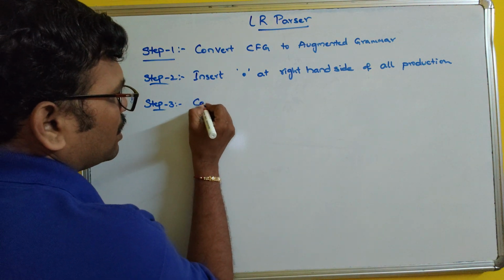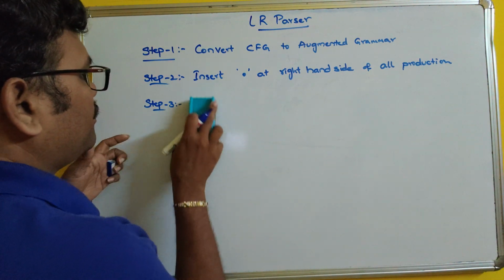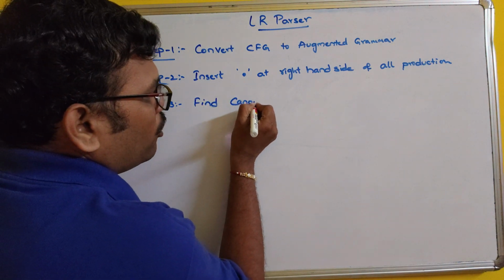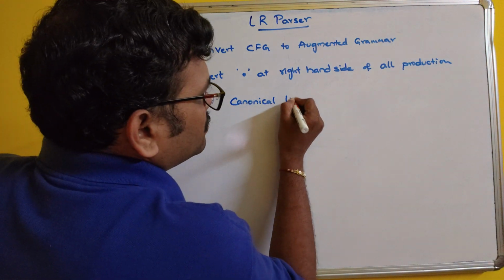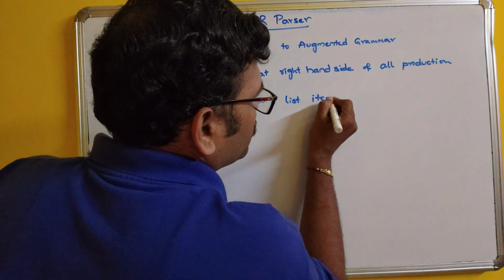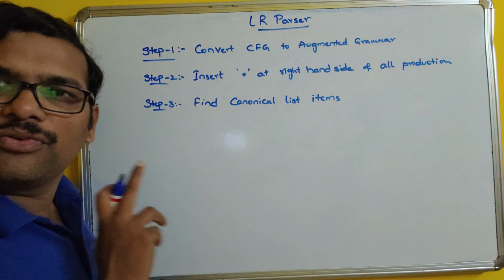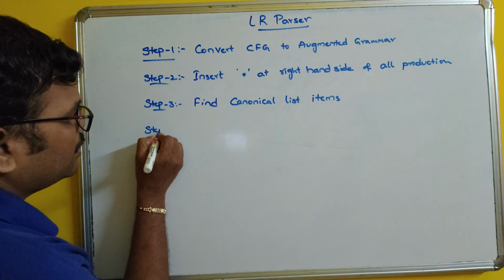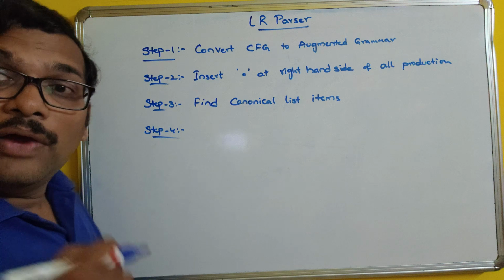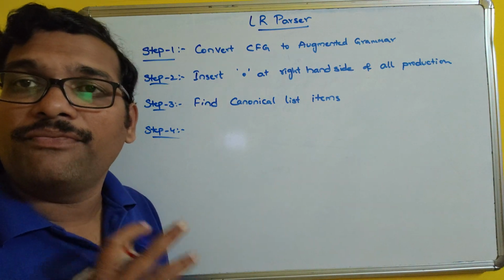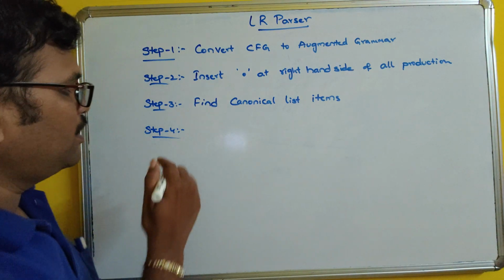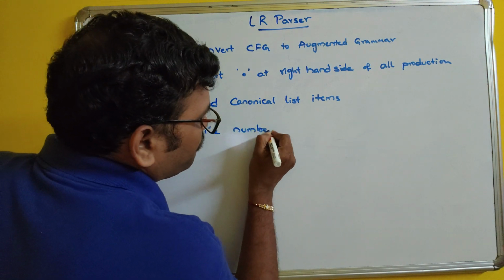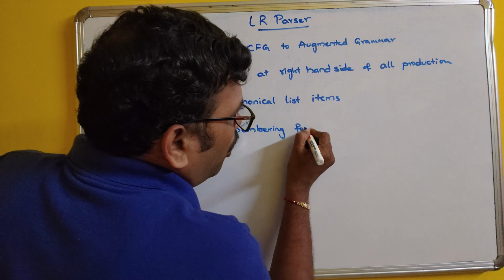Find the canonical list items for all the productions. Step 4: give numbering for all productions.